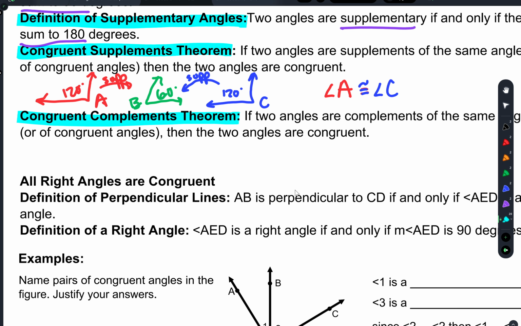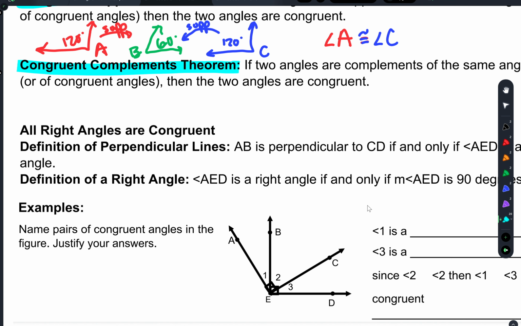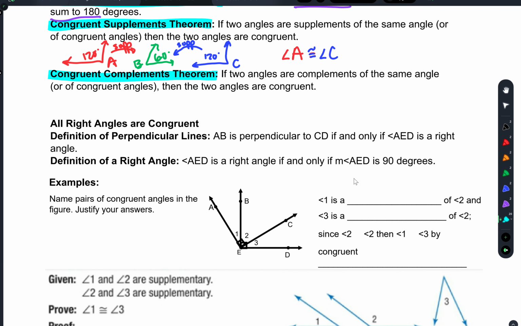Kind of weird ones. These next three all kind of work together, but very specifically in how we do this. All right angles are congruent is a reason that is often forgotten because it's so basic that we just forget that this could be a reason.